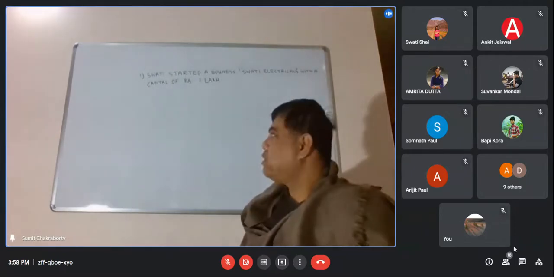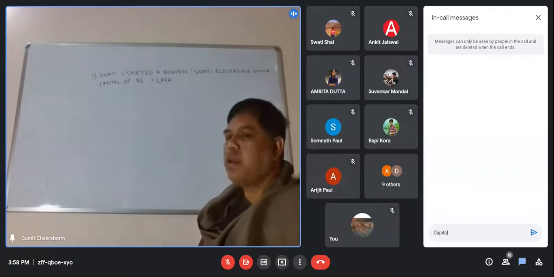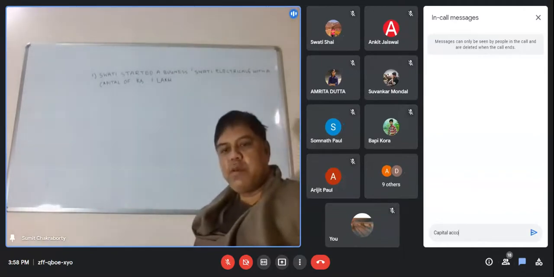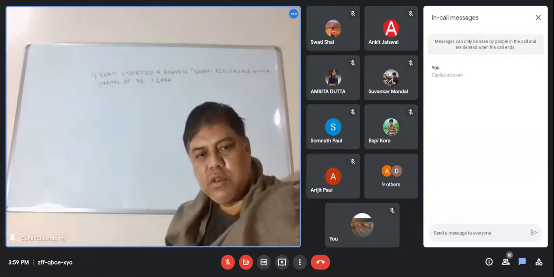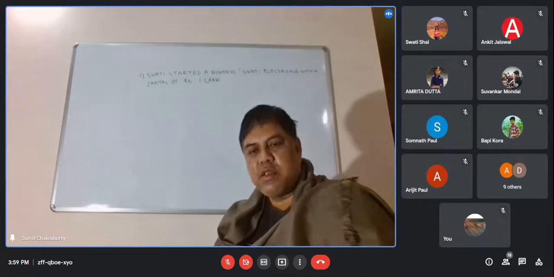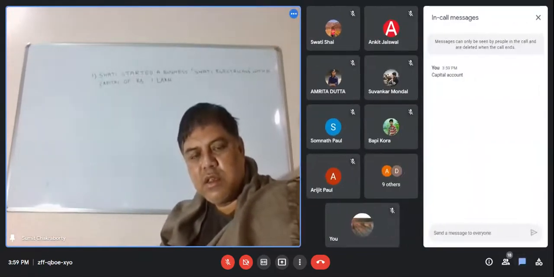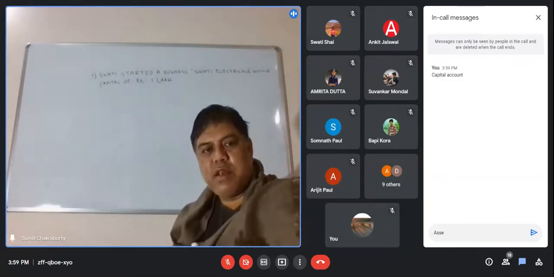Swati started a business, Swati Electricals, with a capital of rupees 1 lakh. What is the capital? So one is the capital account, right? Another is, where does the capital go? You have to balance the double entry system.